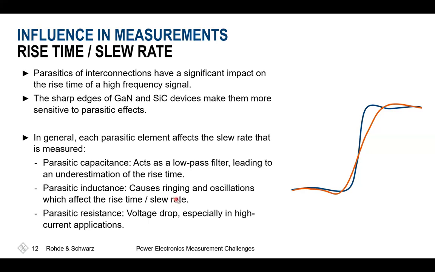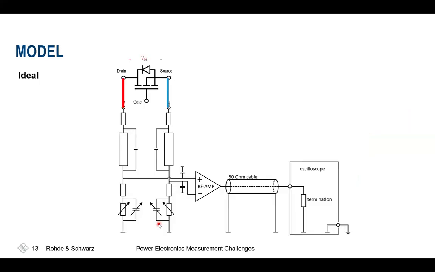The inductances will add for the ringing, and the resistance, of course, will cause a voltage drop. That's why it's very important to take care about all these parameters and not only to consider that there's some oxide at some position and maybe get rid of that by mechanical stress to the surface, and also to be aware of these high-frequency effects.